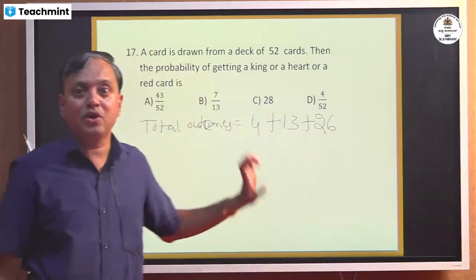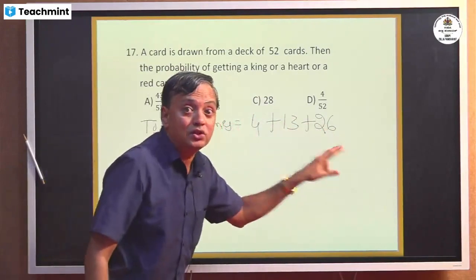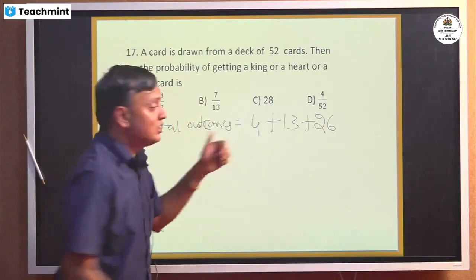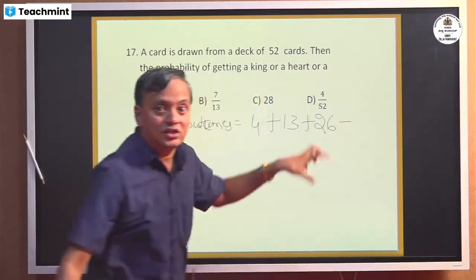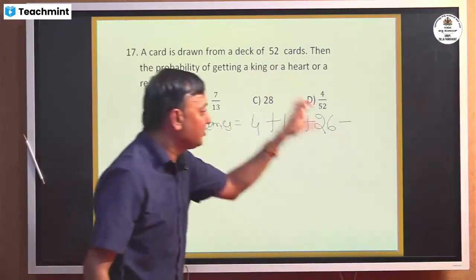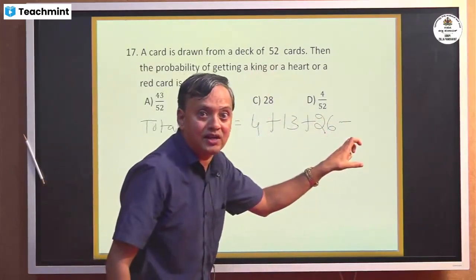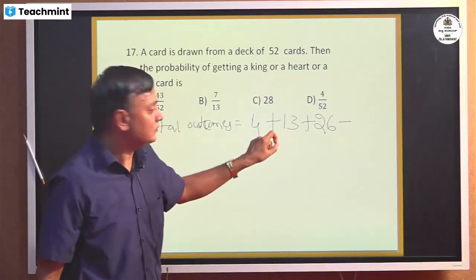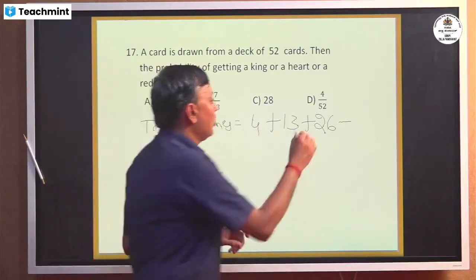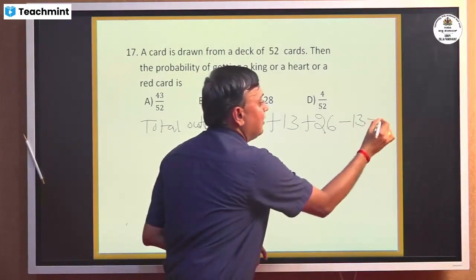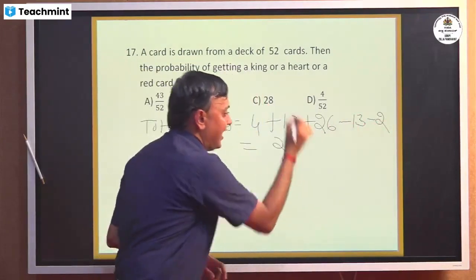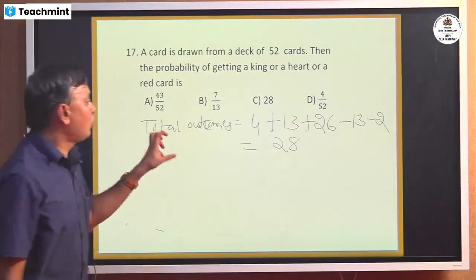No, because among the 26 red cards, 2 are kings and 13 are hearts. Hearts are red in color, so among the 26 red cards, 13 are red hearts and 2 are kings, so 26 minus 13 minus 2 becomes 28.